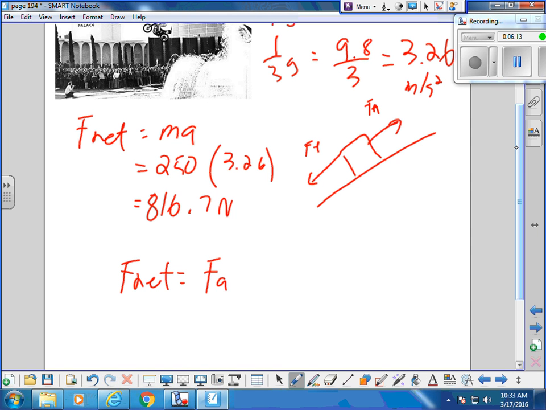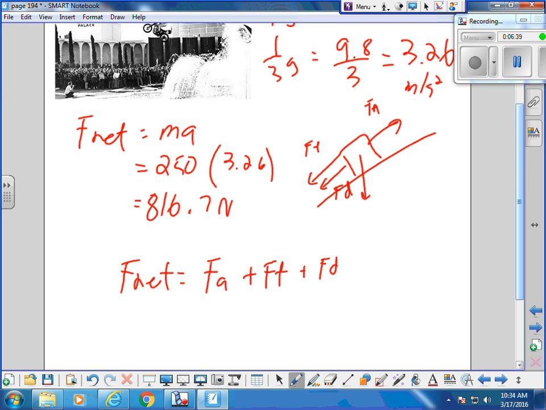Any other forces acting? The weight force down, right? But remember FD is that component of the weight force that acts down the plane. So there is actually FD. So our net force is our FA plus our FF plus our FD, which we haven't figured out yet, have we?